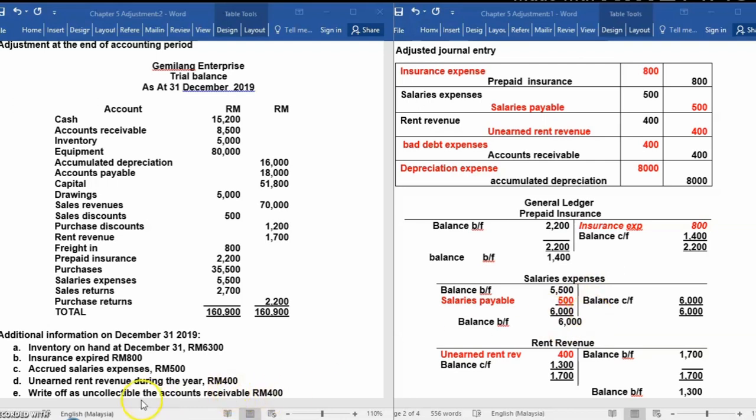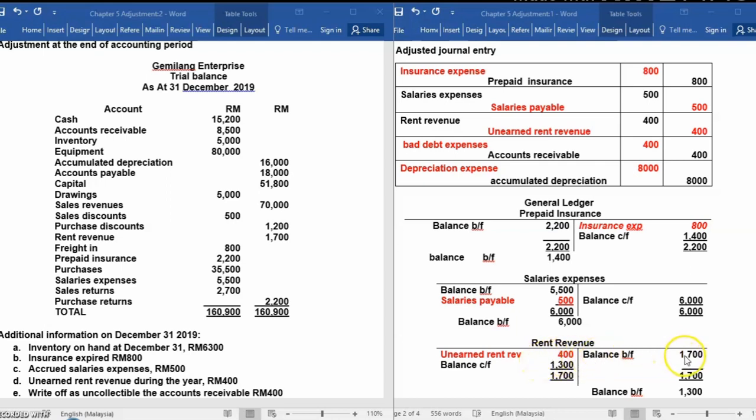The next one, unearned rent revenue during the year. We look at the trial balance. We got the amount for rent revenue of 1,700, and we have to make an adjustment because we found out that unearned revenue incurred during the year is 400. So from the account, we have to make an adjustment.